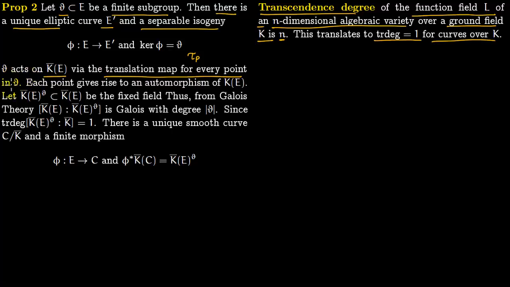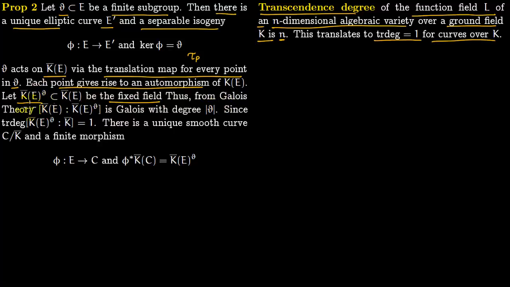Each point gives rise to an automorphism of K(E), just like in the previous lecture where we showed the translation map gives an automorphism of K(E). So from here we can find K(E)^Θ, the fixed field of Θ. All these points fix something, so we have a fixed field.